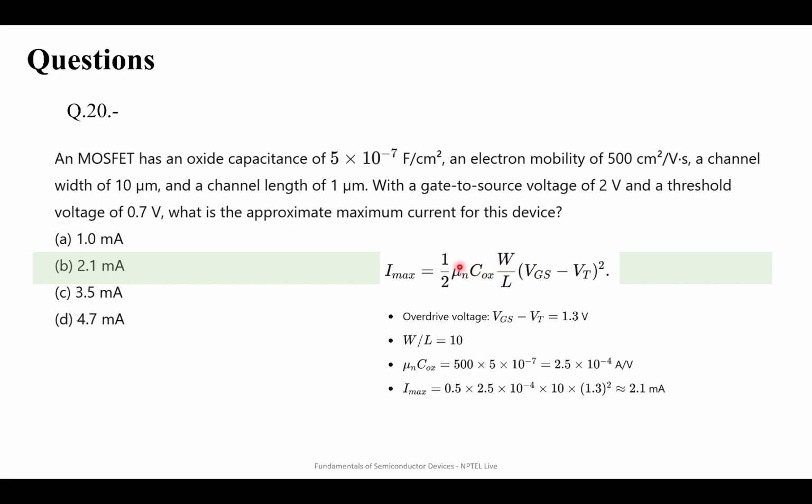The formula would be mu n Cox W by L and then VGS minus VT. Basically, you differentiate this by VGS.